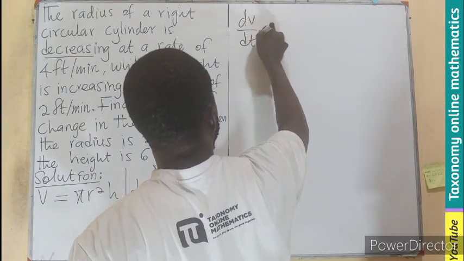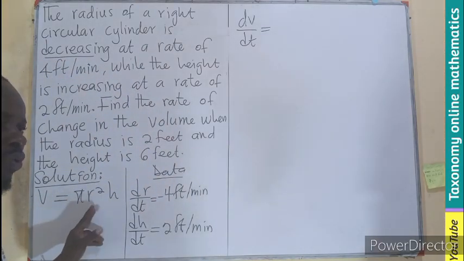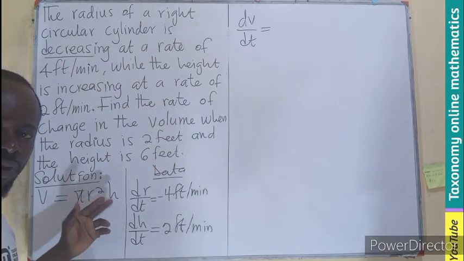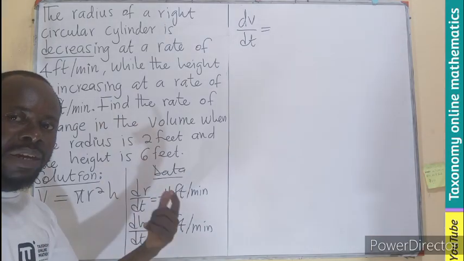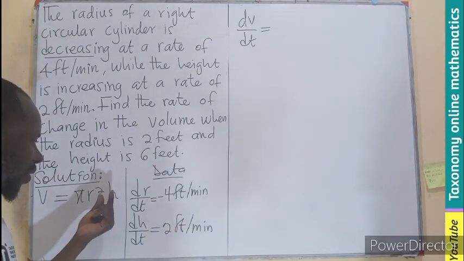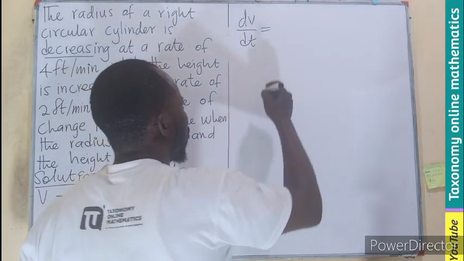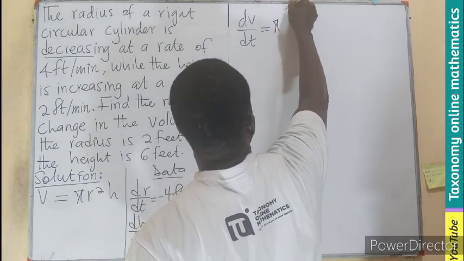So dV/dt equals this, and these are two independent variables, so we treat them with the product rule. We hold this and differentiate, plus we hold that and differentiate. The pi is a constant, so I maintain the pi outside.